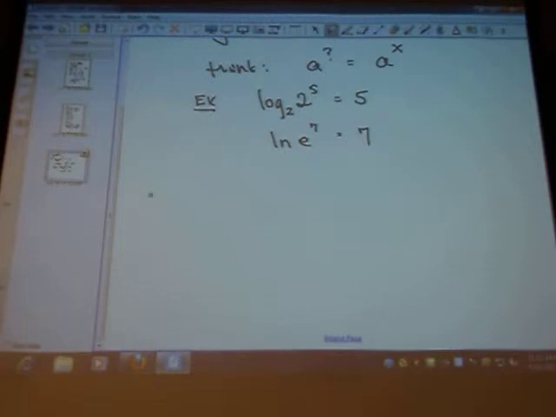Okay, the second one is kind of the opposite of this. If you've got a number raised to the log base of the same number, what do we think that would be equal to?